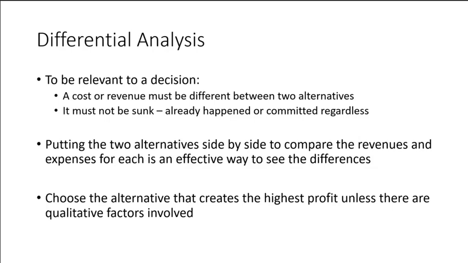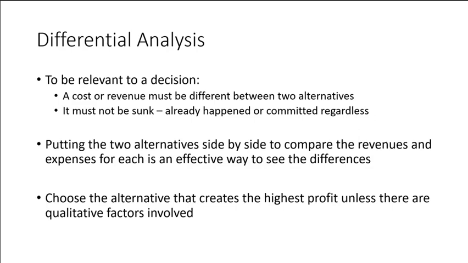Okay? So we can put two alternatives side by side and compare revenues and expenses to see the differences. We're looking for the one that creates the highest profit. However, we always put a caveat on that.